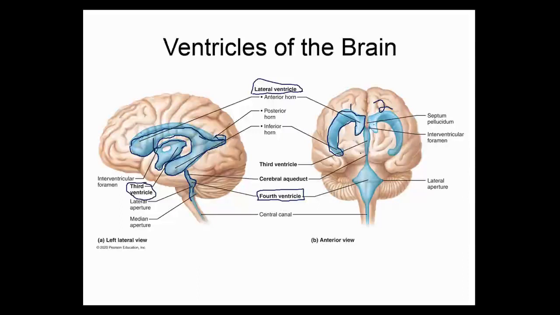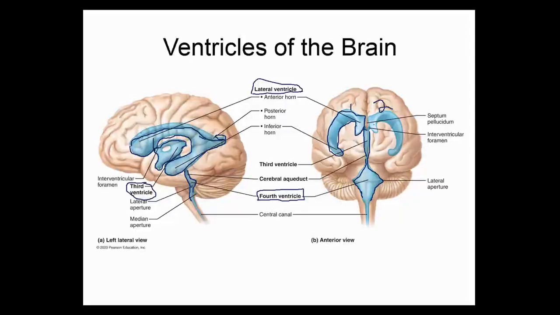So you can see the 3rd ventricle is fairly wide when we're looking anterior to posterior, yet mediolaterally, quite narrow. And then we have the opposite effect with the 4th ventricle, which is quite narrow along our sagittal view, and then wide here in the frontal plane.